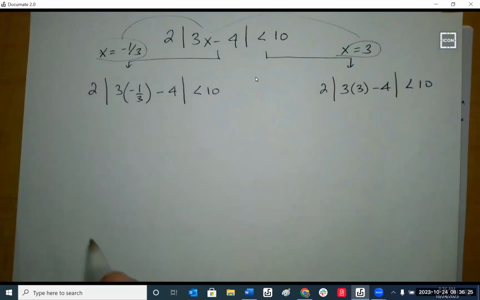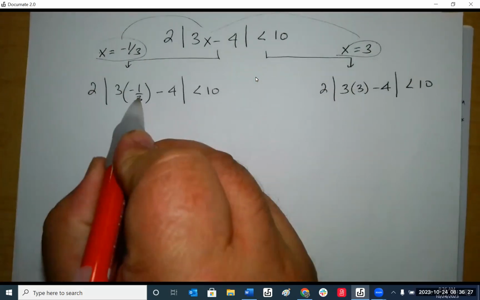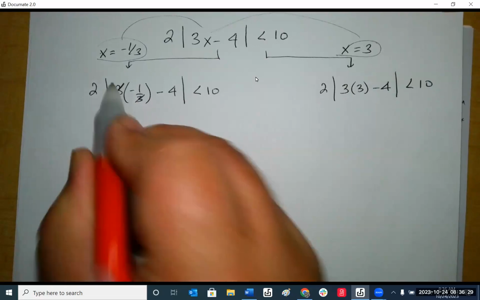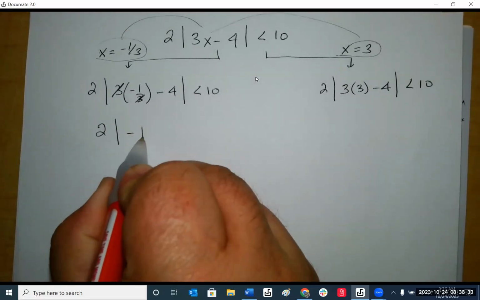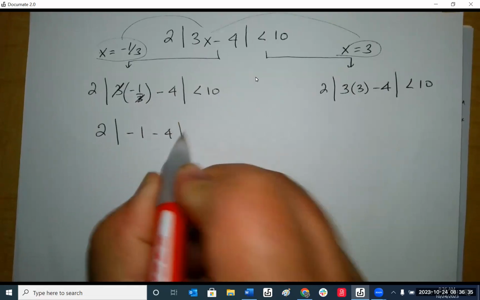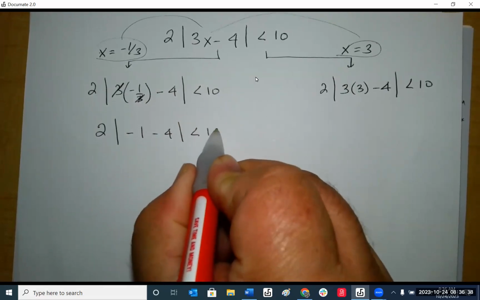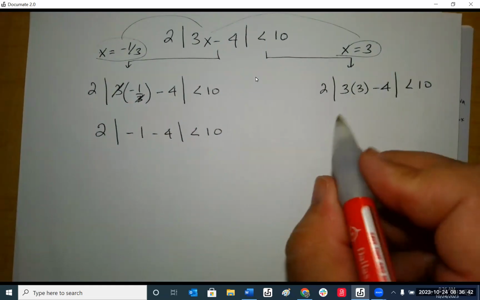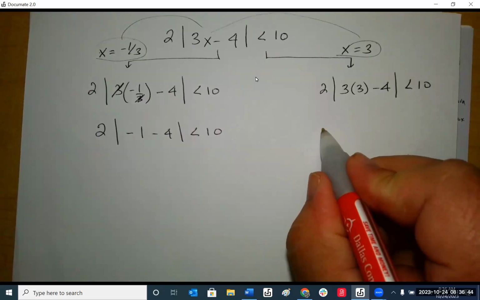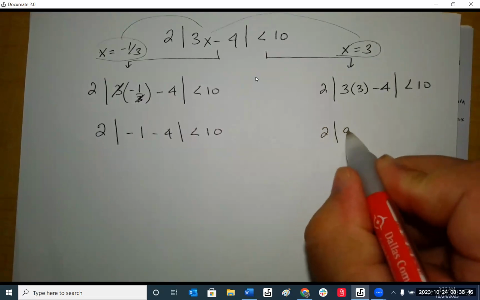On the left side, the 3's cancel. So we have 2 negative 1 minus 4. And on the other side, 3 times 3 is 9.